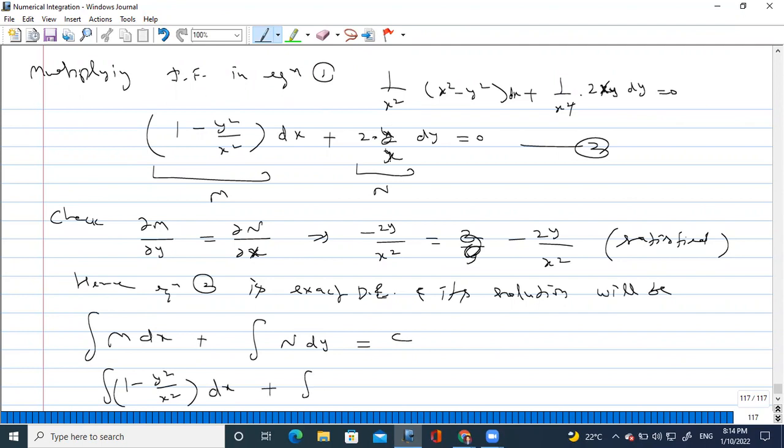In N you have to leave the term which contains x, so that term will become 0. Now you can integrate it. 1 dx will give you x, minus y square, because y is treated as constant, times integral x to the power minus 2 dx, equal to c. So it will become x minus y square into x to the power minus 2 plus 1 divided by minus 2 plus 1, equal to c.